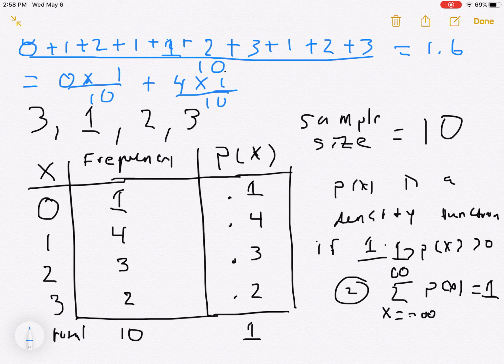After all, that is 4 ones. Then I have 3 twos, so I'm going to have 3 times 2. After all, that is 2 plus 2 plus 2 divided by 10.